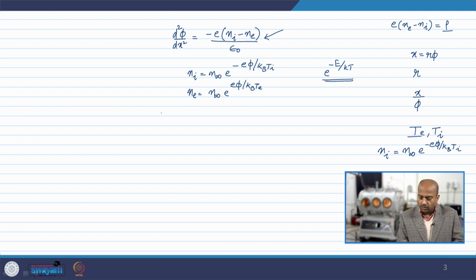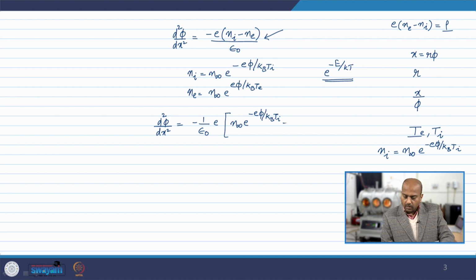If you substitute these two things, we can write d square phi by dx square is equal to minus 1 by epsilon naught times E times n infinity e to the power of minus E phi by kb Ti minus n infinity e to the power of E phi by kb Te.